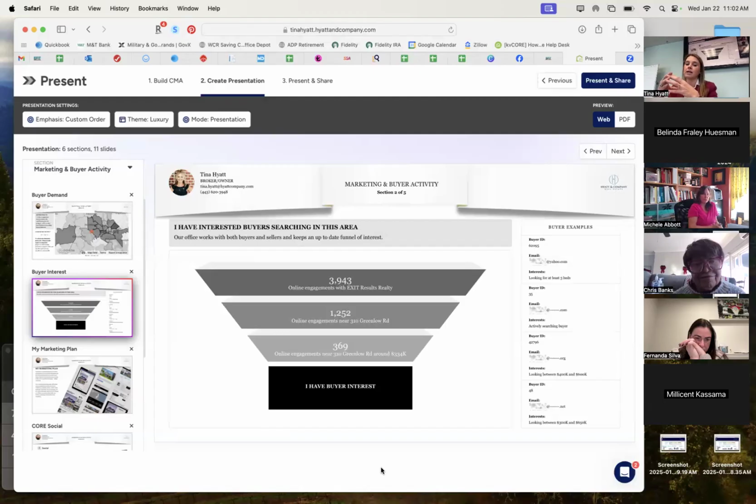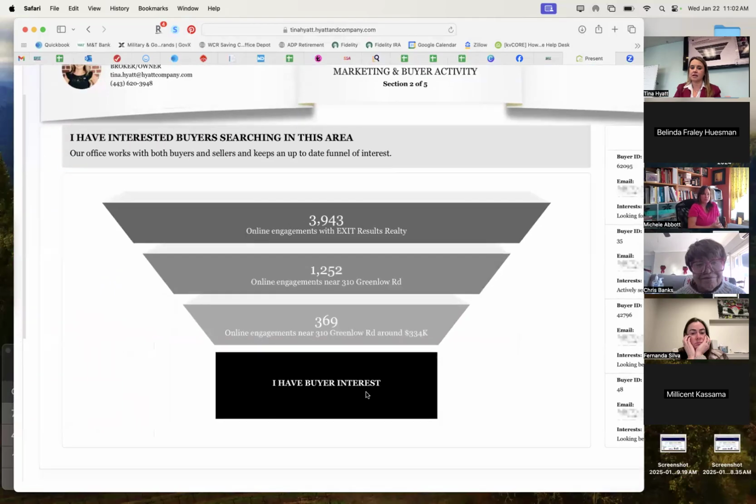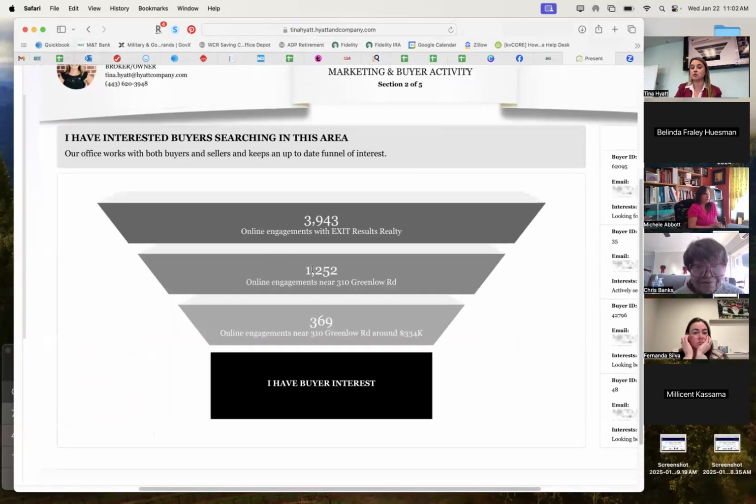What it's pulling right now is online engagements with our website for buyers looking for a house in that area, and then it's funneling it down. So it says we have online engagements, 1,252 near Greenlow Road. Then it funnels it even more.